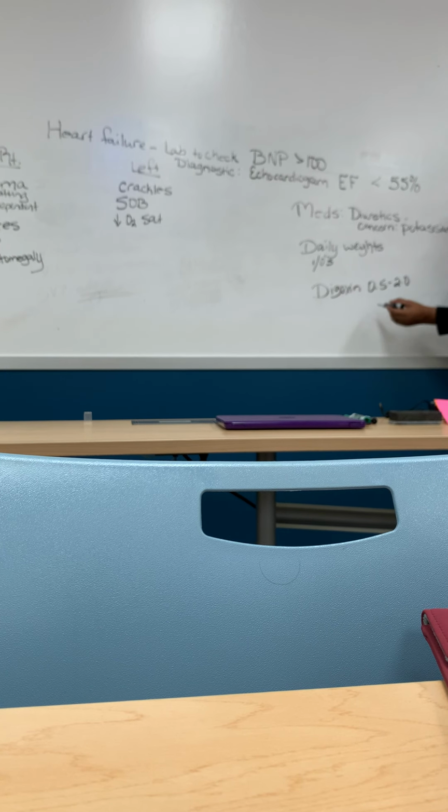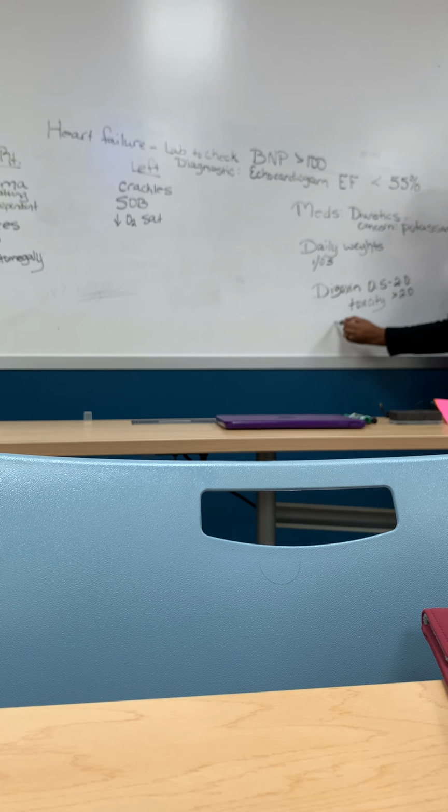So with digoxin, we worry about toxicity. Toxicity is greater than 2. What are your signs and symptoms of digoxin toxicity? Bradycardia, blurred vision, headaches, nausea and vomiting, anorexia. Those are your big ones.